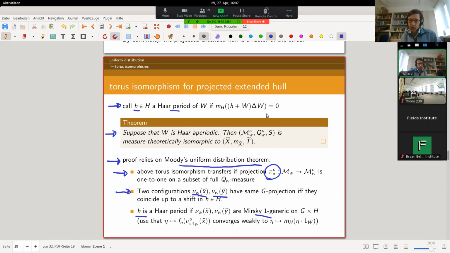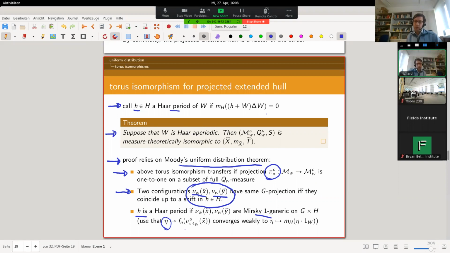So why does this work? Somehow you have to transfer the information you have here about these configurations, that there are shifts in H, to this statement, it's a H period. And this you actually can do using this second part of Mudis 2002 theorem, because you have this freedom in order to attach here this compactly supported continuous function.